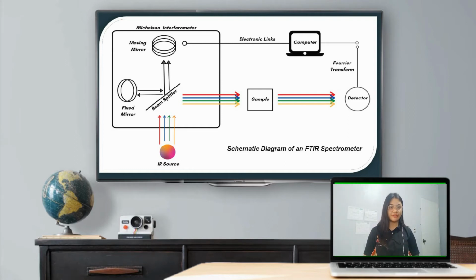We also have an IR source, the sample, placed in a sample compartment containing the ATR crystal, and the detector connected to a computer. Also, please take note of a very important step in FTIR spectroscopy, which is the Fourier transform, already mentioned in the earlier parts of this report.